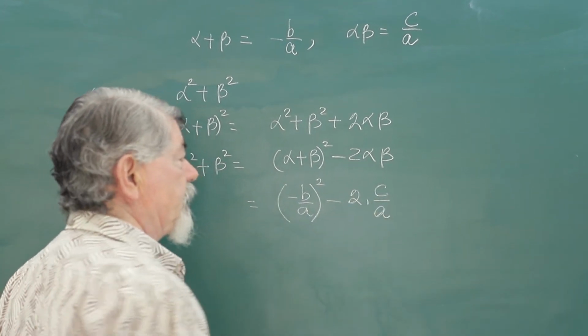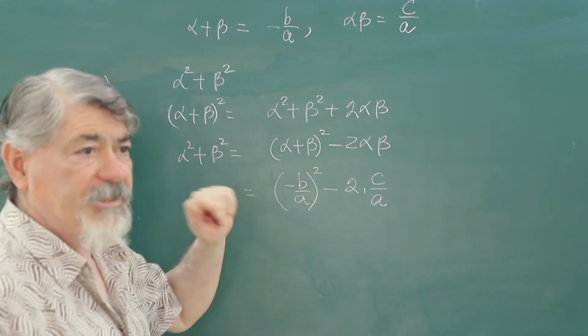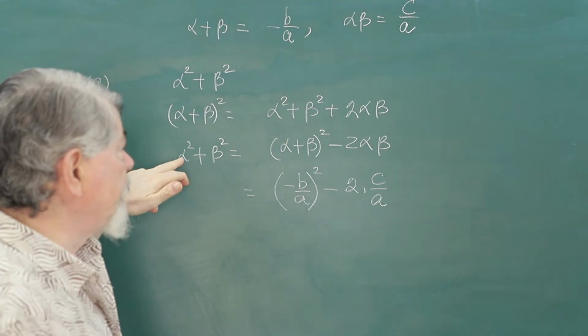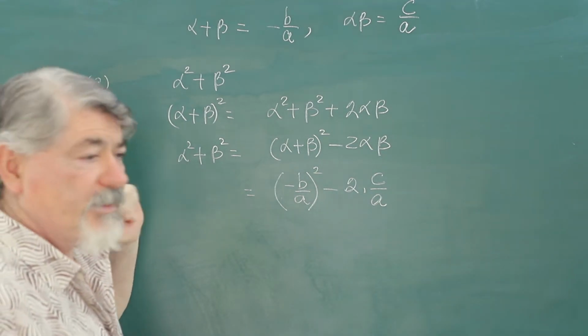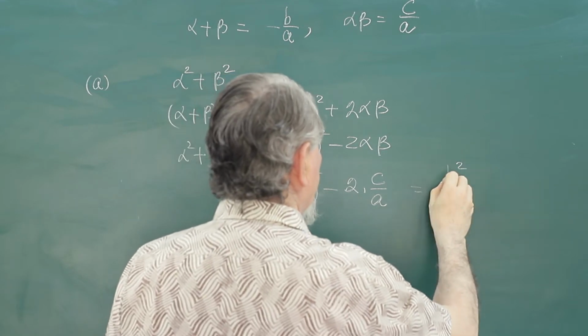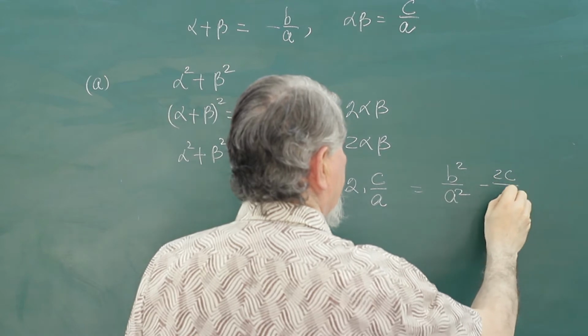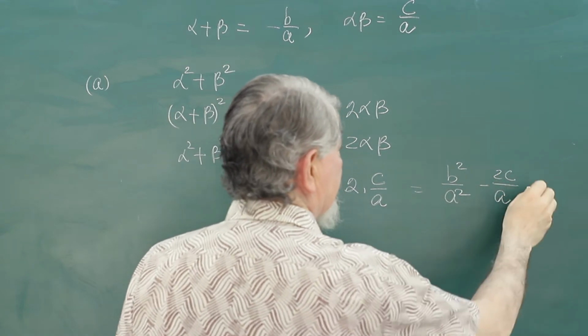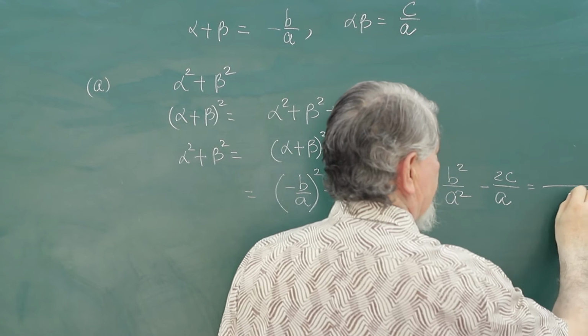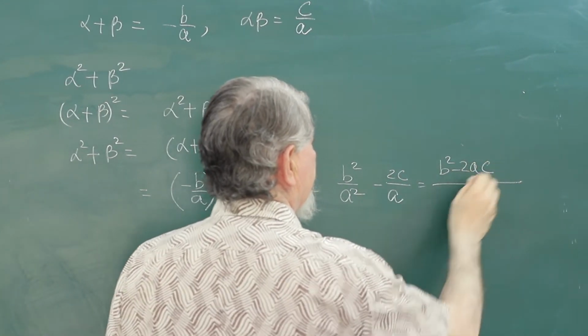So we substitute the values of alpha plus beta and alpha beta in this equation, because I have to get alpha square plus beta square. It will come out to be b square upon a square, when I square it, minus 2c upon a. You can take the LCM as a square and you will get b square minus 2ac upon a square.